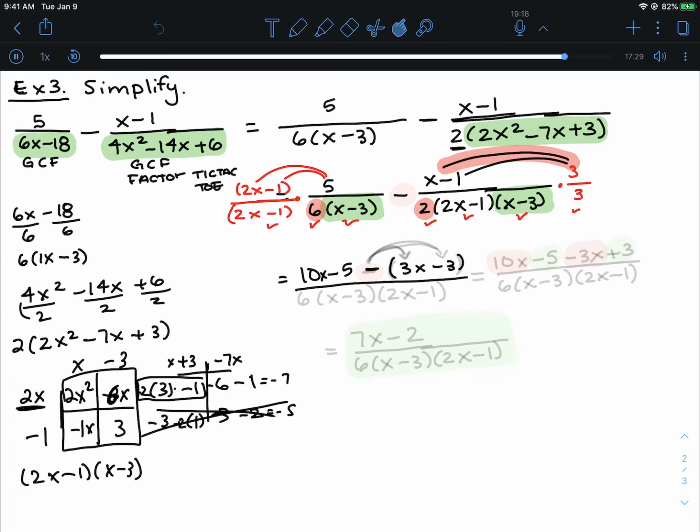So now I'm going to go ahead and combine everything with my denominator of 6 times x minus 3 times 2x minus 1. Because now my denominator is the same, the numerators can be combined together.